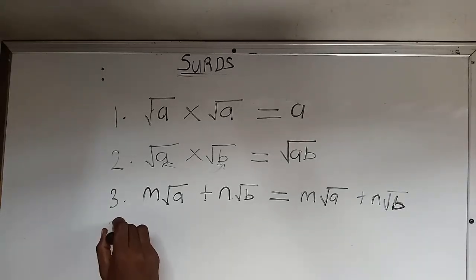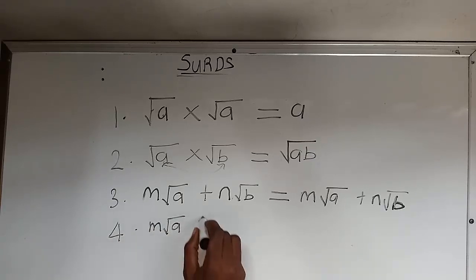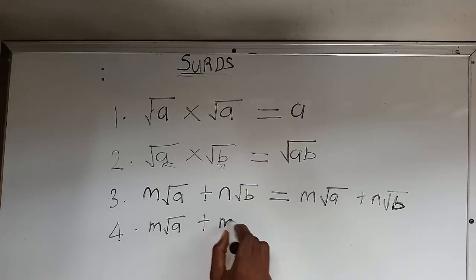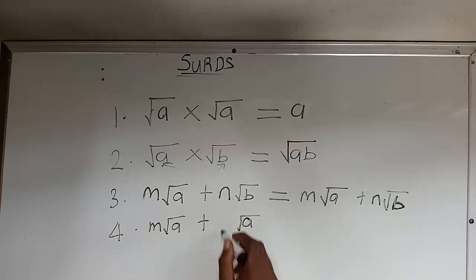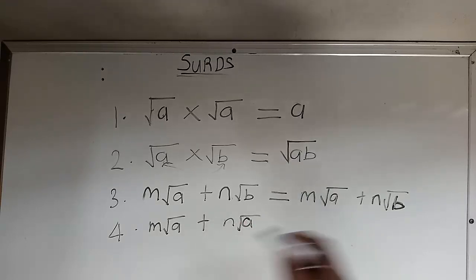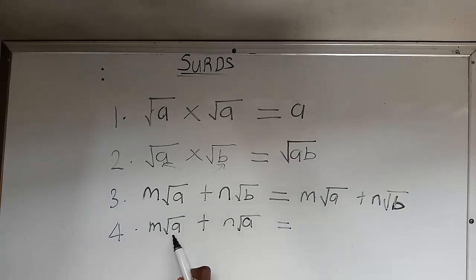So if you have like sets, so m root a plus n root a, then we can add these like sets just like mx plus nx.